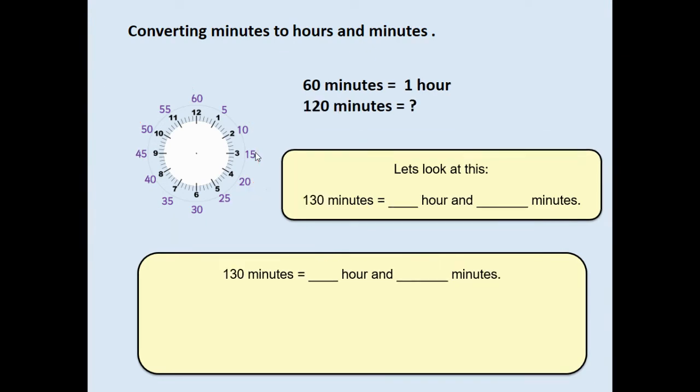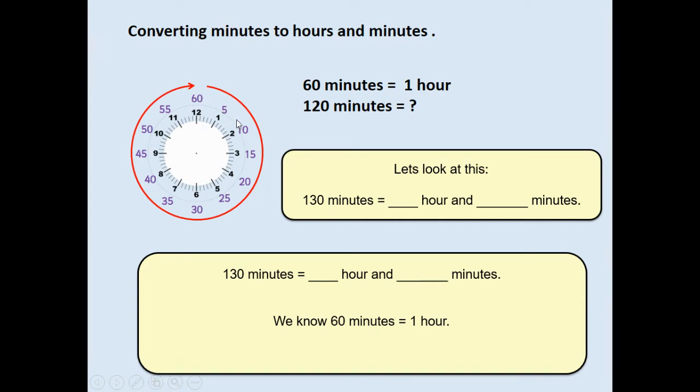Okay, now we are going to be converting this 130 minutes in hours and minutes. So we know that 60 minutes equals 1 hour. What does 120 minutes equal? So what we're going to do is we need to count on to see if we can get to 120. So let's count on.